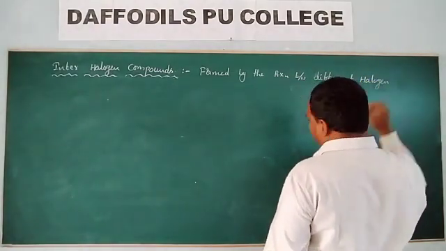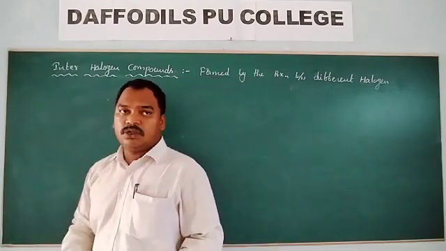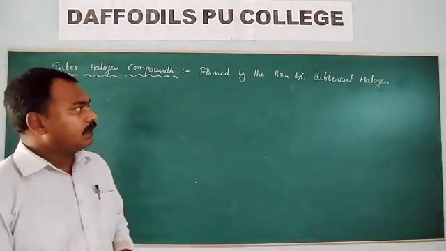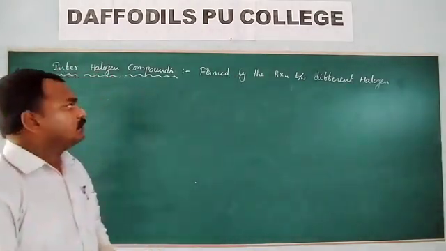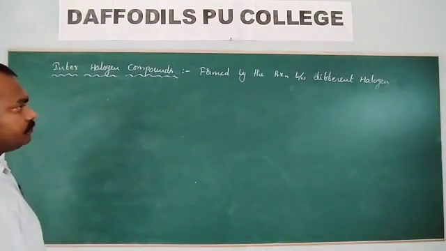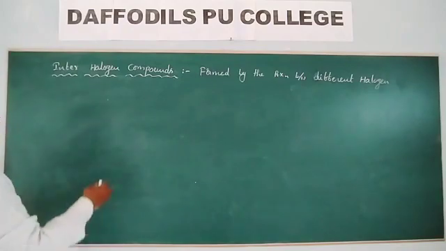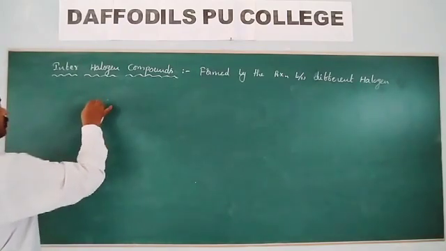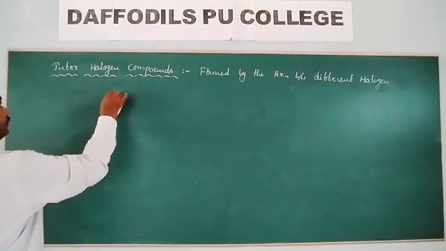When a halogen reacts with another halogen, you will get the interhalogen compound. So these halogens will form different types of interhalogen compounds.